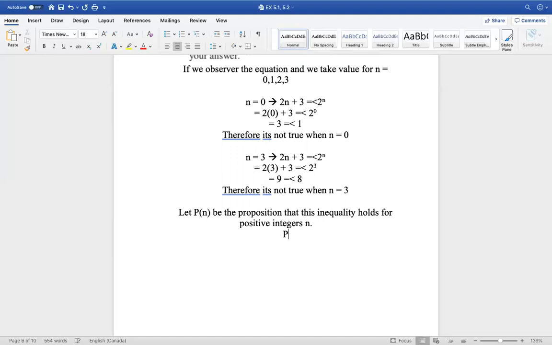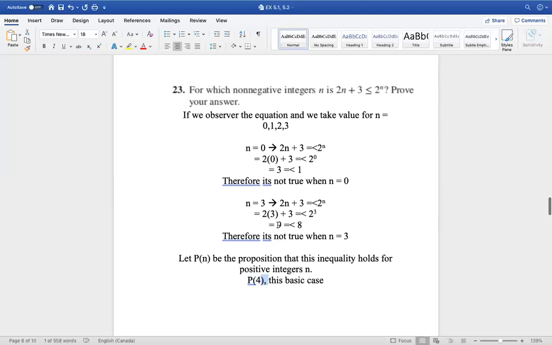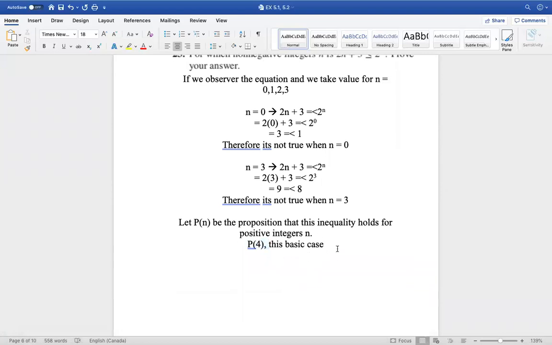Now we have P(4), right? We already showed that up to P(3), this is not true. Now let's start with P(4). This is the basic case, so the smallest instance for which this statement is true is P(4), okay?